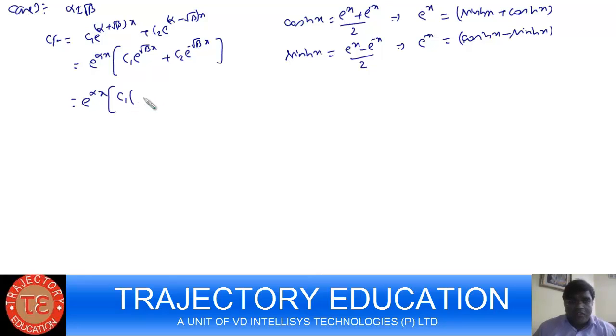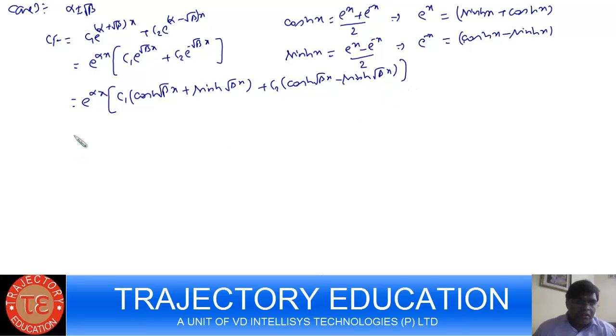So this can be simply written as c1 cosh beta x plus sinh beta x and c2 cosh beta x minus sinh beta x.